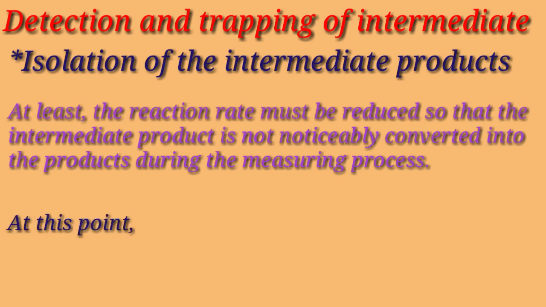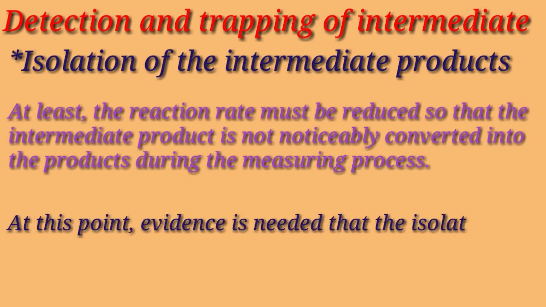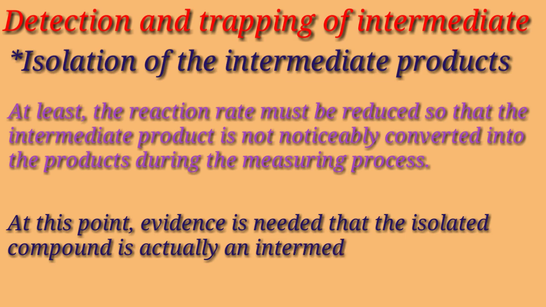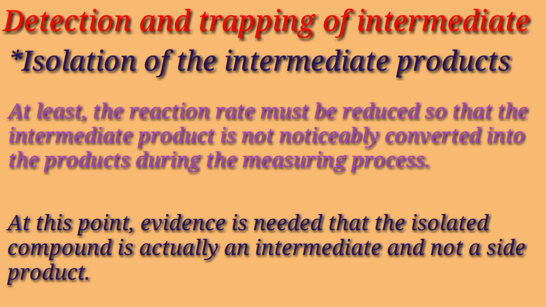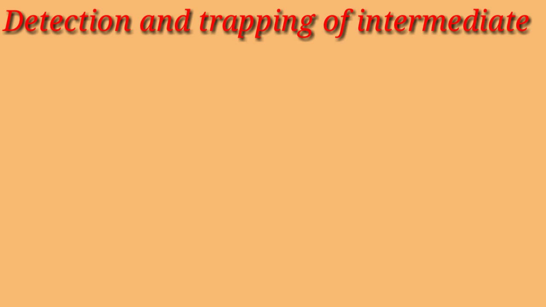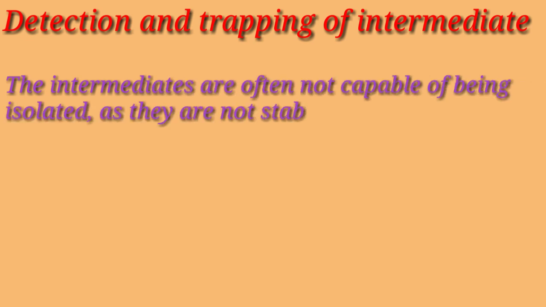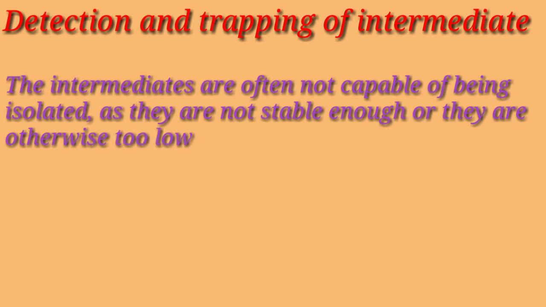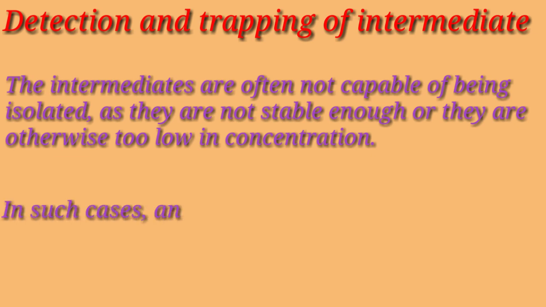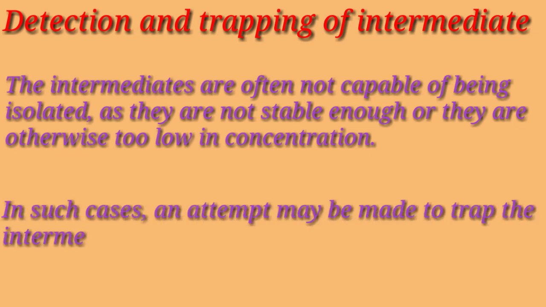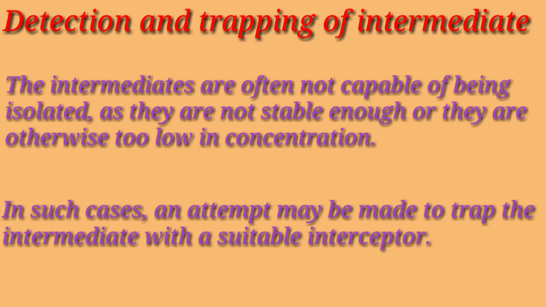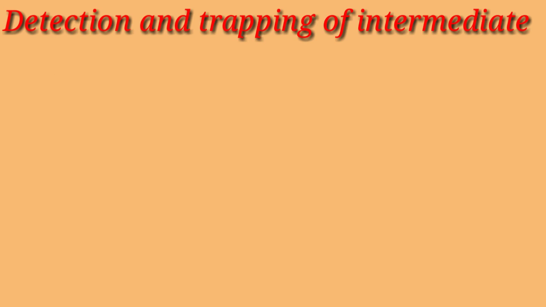At this point, evidence is needed that the isolated compound is actually an intermediate and not a side product. Intermediates are often not capable of being isolated, as they are not stable enough or they are otherwise too low in concentration. In such cases, an attempt may be made to trap the intermediate with a suitable interceptor.